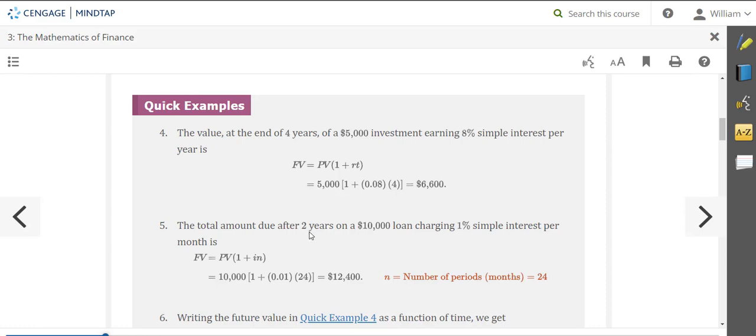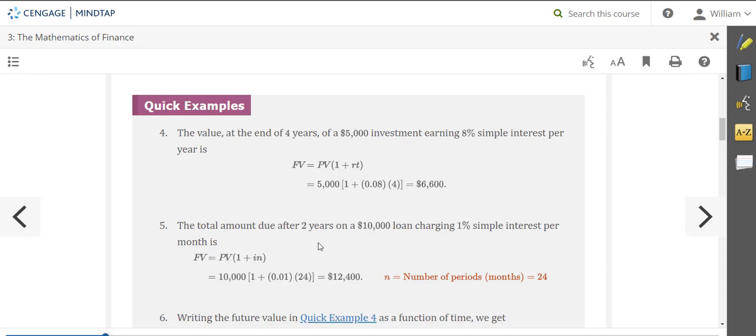The total amount due after 2 years on a loan. On a $10,000 loan, charging 1% simple interest per month, would be the present value times 1 plus IN, because we're not doing it per year, we're doing the calculation per month.